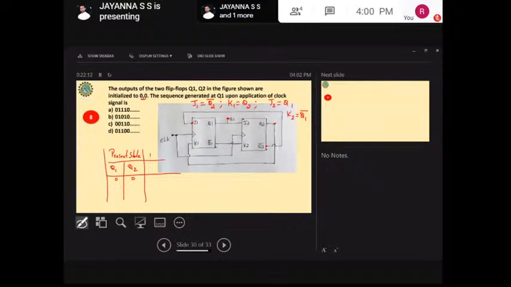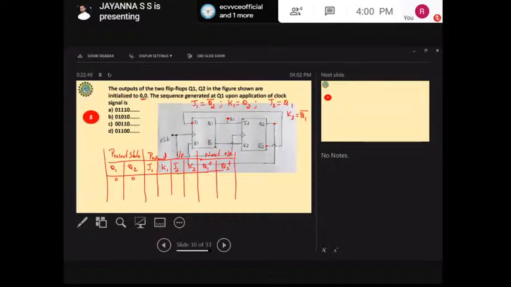The present input will be J1, K1, J2, K2. Then let us check the next output. The next output will be Q1 plus and Q2 plus.